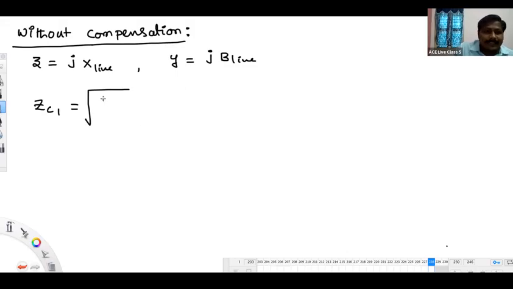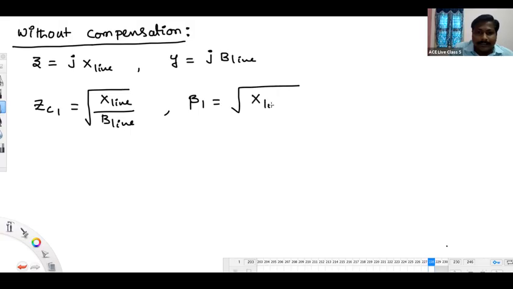The j and j will be cancelled out by taking that ratio, so it will be square root of X line by B line. That's the ZC1. Next, I'll take beta, rather than gamma, because you don't have any real part. So I'll say beta, phase constant. It will be root of X line into B line.